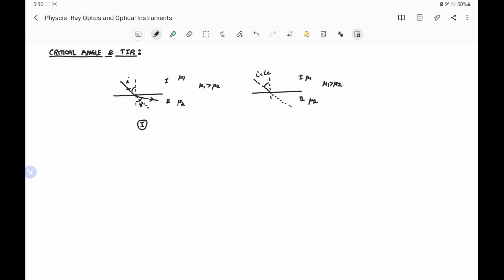Again, it will deviate away from the normal, and at this particular angle of incidence IC the angle of refraction is 90 degree. This is the second case. When the angle of refraction is 90 degree, the angle of incidence IC is called the critical angle.